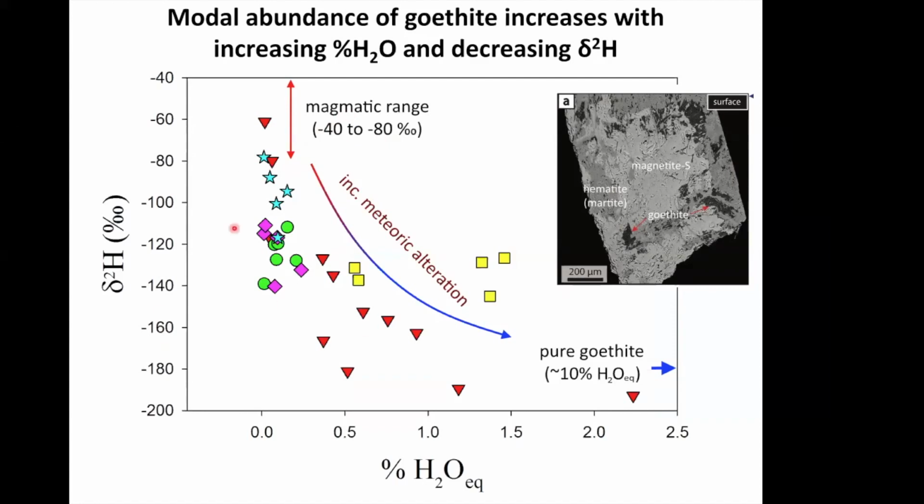And I said this a couple of slides ago, but just to point out, as the hydrogen isotopes become more negative, the x-axis here is the concentration of water in magnetite, so 0 to 2.5 weight percent water. Pure goethite has about 10 weight percent water. And so for these samples, what you're looking at in terms of the hydrogen isotope composition and also the oxygen isotope composition is alteration of magnetite by hematite and goethite.